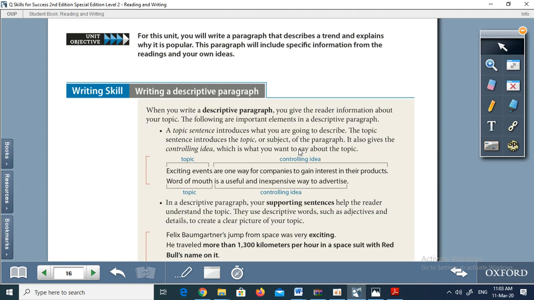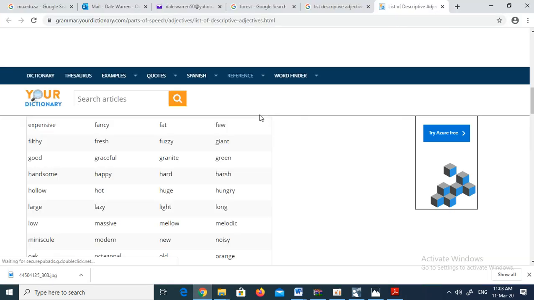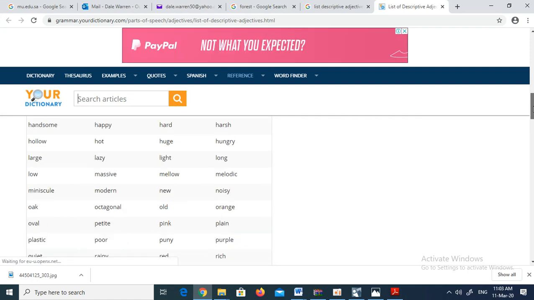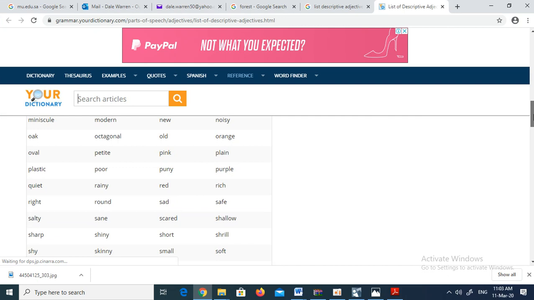You need to have more knowledge of descriptive adjectives. You can find these adjectives easily online if you go and write, for example, this here. Look here. These are some of the descriptive adjectives that you can find online.